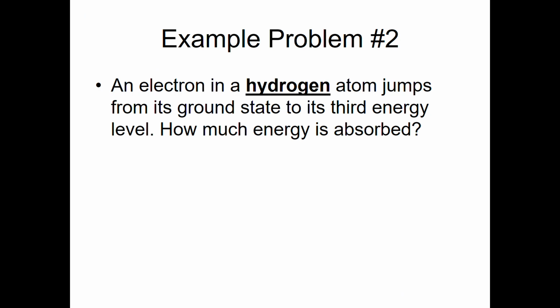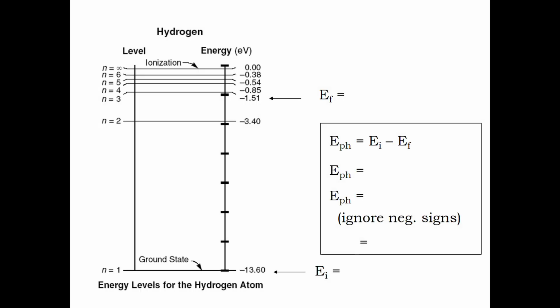Here's an example problem. An electron in a hydrogen atom jumps from its ground state to its third energy level. How much energy is absorbed? We're going to look back at this diagram. We're starting at the ground state, and that is negative 13.6 electron volts. It jumps to N3, which is the final, and N3 is negative 1.51 electron volts.